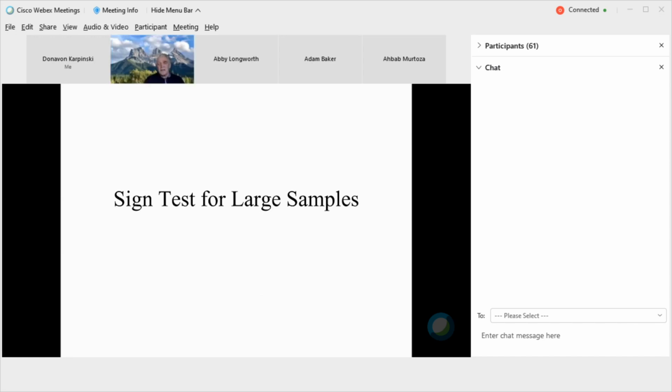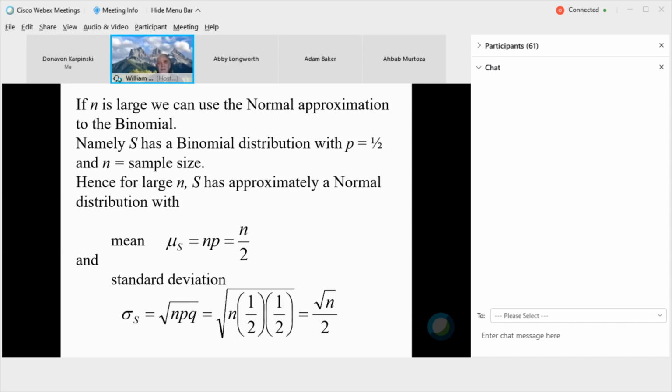The sign test for large samples. If n is large, the normal distribution approximates the binomial distribution. S has exactly a binomial distribution with p equal to half and n equal to the sample size. If the sample size is large, S has approximately a normal distribution with a mean equal to n times p, n times 1/2, and standard deviation square root of n times p times q, square root of n over 2.